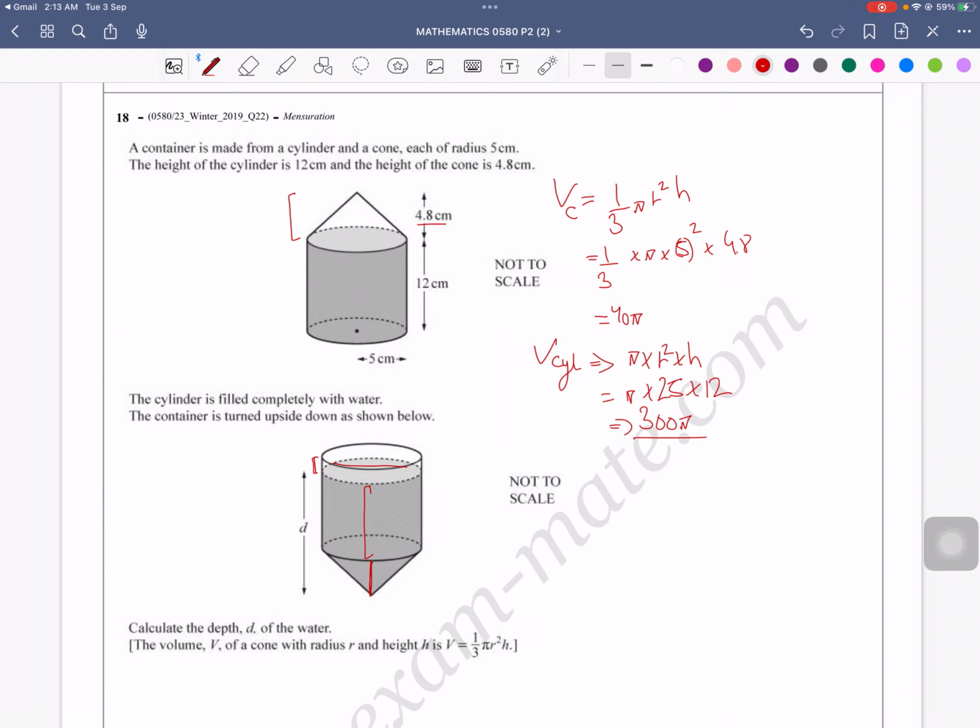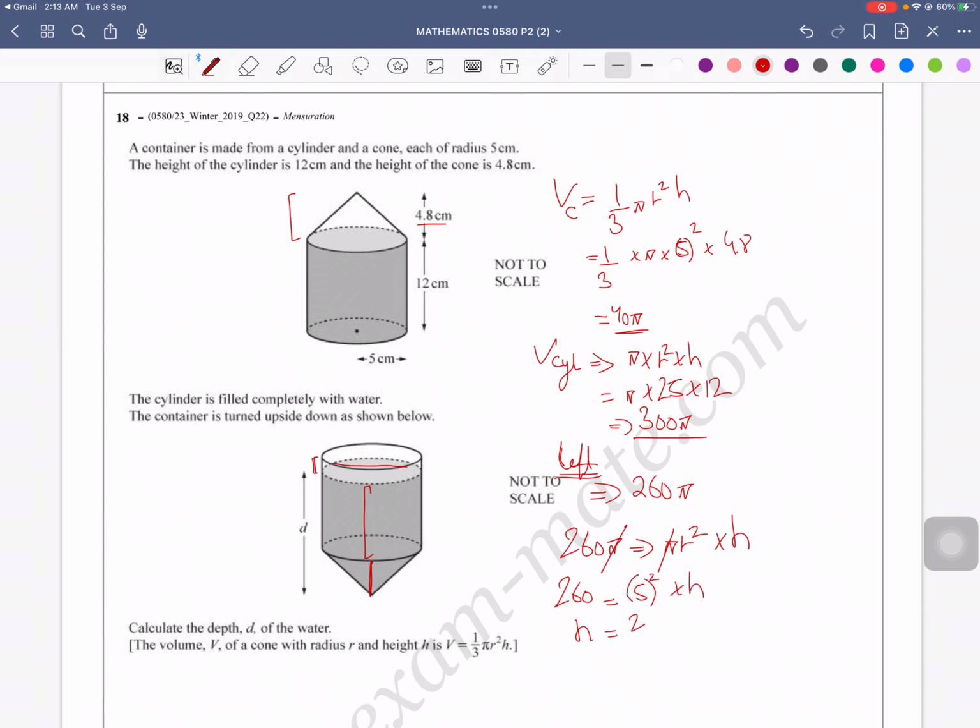So out of this 340 went into the cone, right? So how much is left in the cylinder? Well, the leftover amount is 260 pi, and we need to find the height for this 260 pi. So 260 pi is to pi r squared, r squared remains constant, and h is the unknown. We cancel this. R was 5, 5 squared is 25.